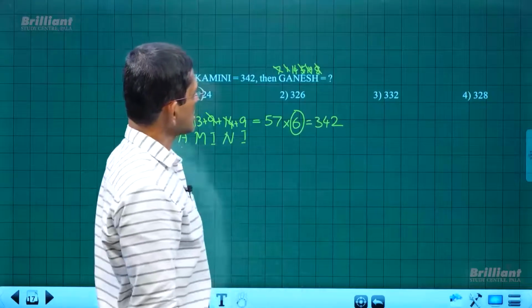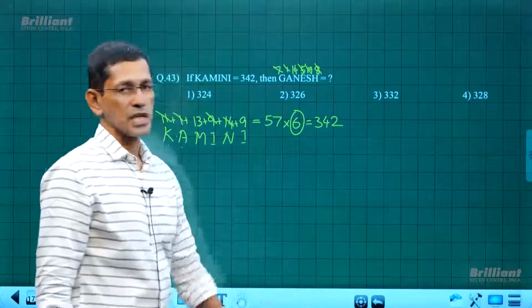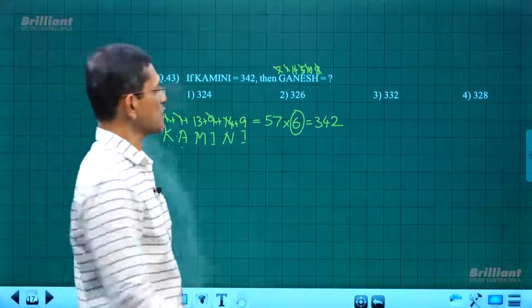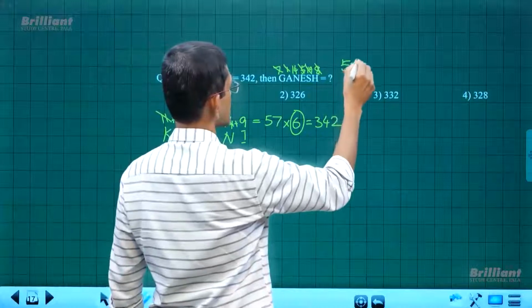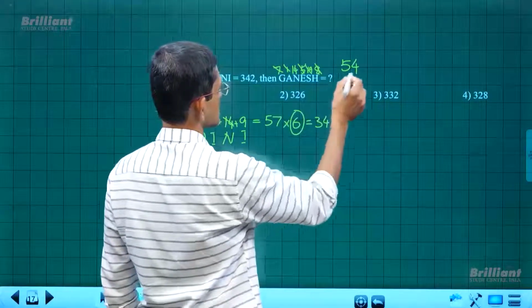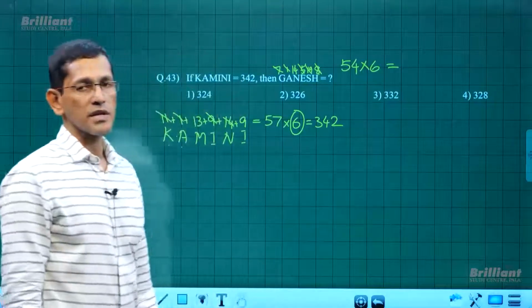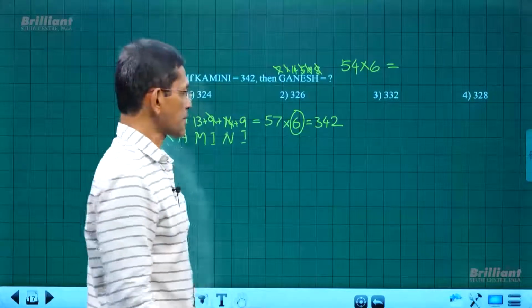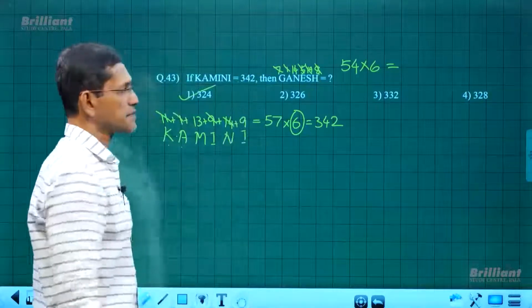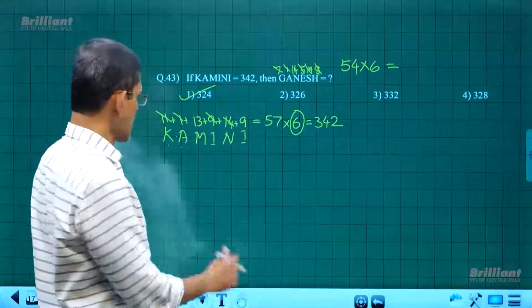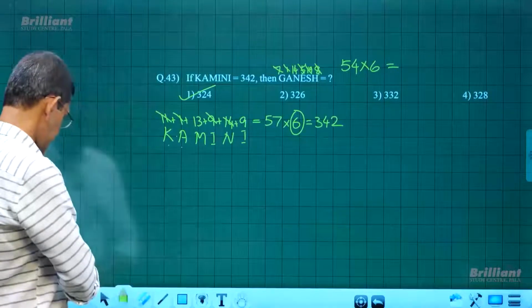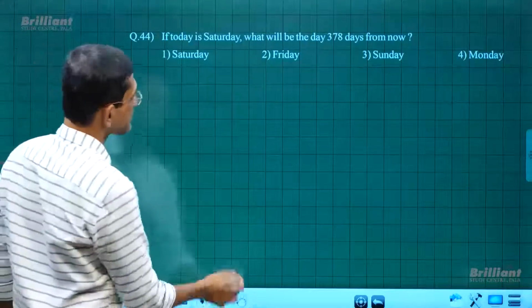And then we have 14. 40 plus 14, we have 54. So 54 is the sum. How many letters are here? 6 letters. 54 into 6. 50 into 6, 300. 4 into 6, 24. So 324. So the answer, 324.